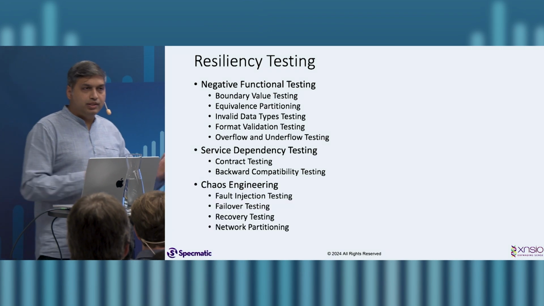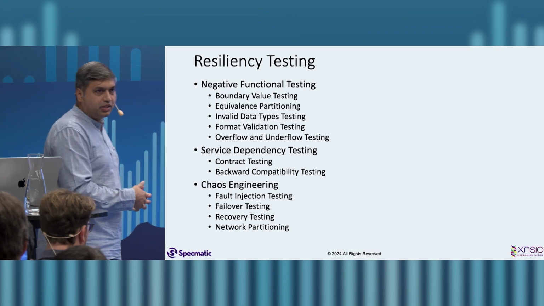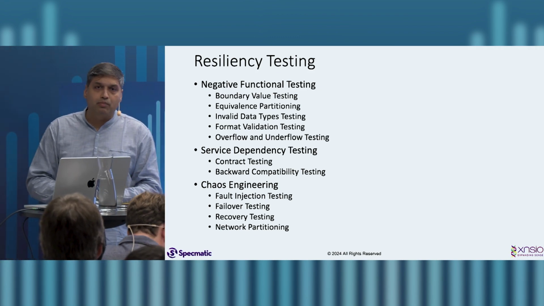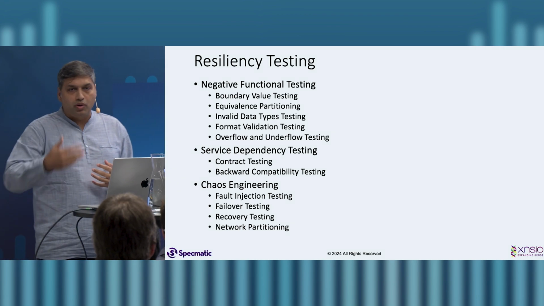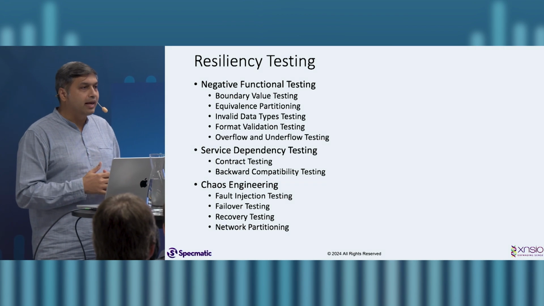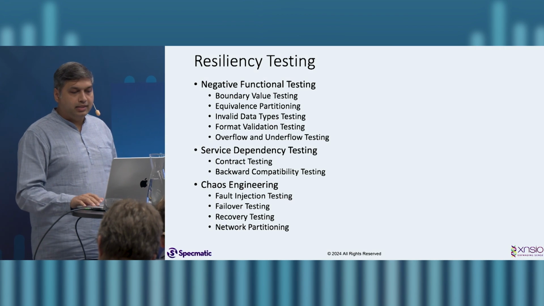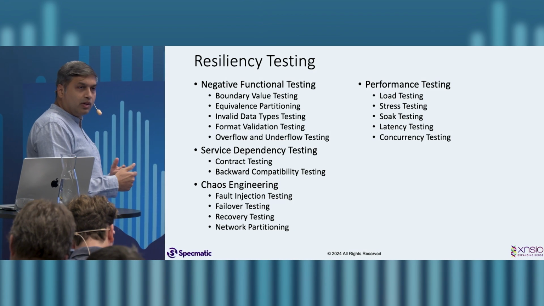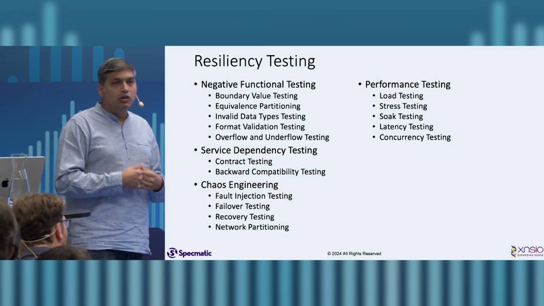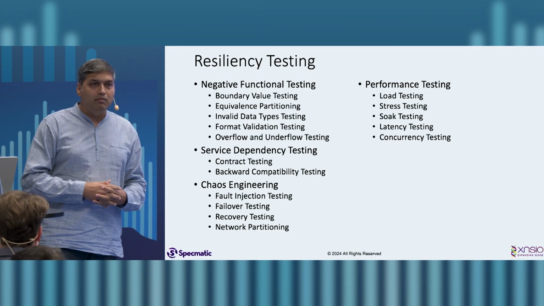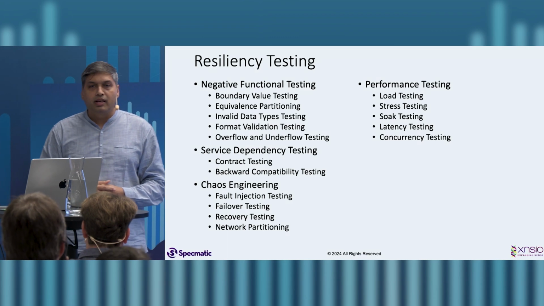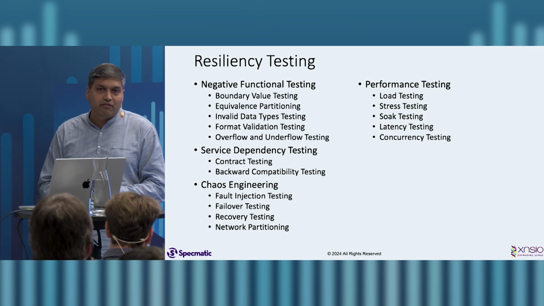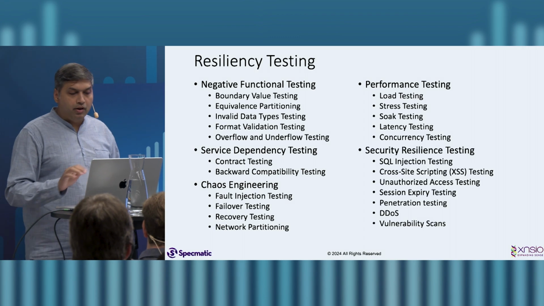Of course, chaos engineering or fault injection, that's again something that a lot of companies have started doing more frequently to make sure they're catching things early. Performance again becomes very important because under normal load your API might just work fine, but as you start stress testing it, as the hardware starts degrading, how the API itself performs is important to understand.